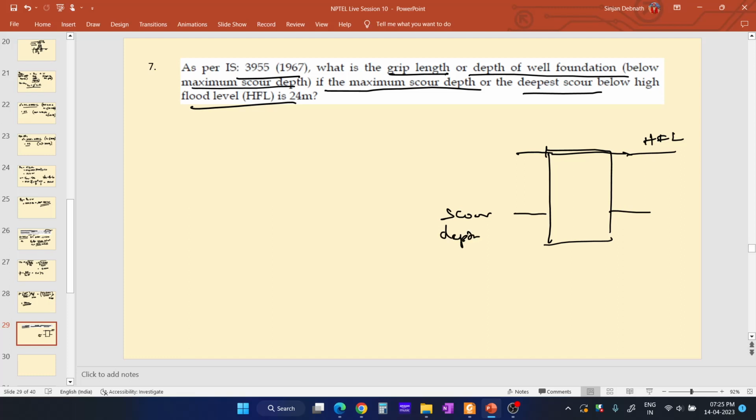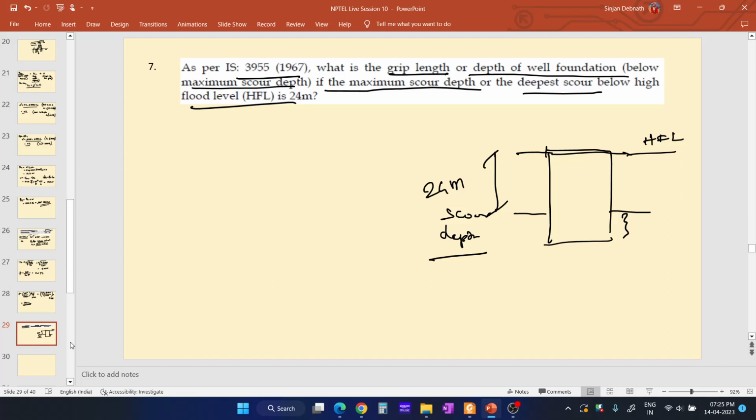So this particular distance is around 24 meters. That is the maximum covered depth. It is 24 meters, and we have been asked to find out the grip length. So that means this portion which is embedded below the maximum covered depth. How much is it?